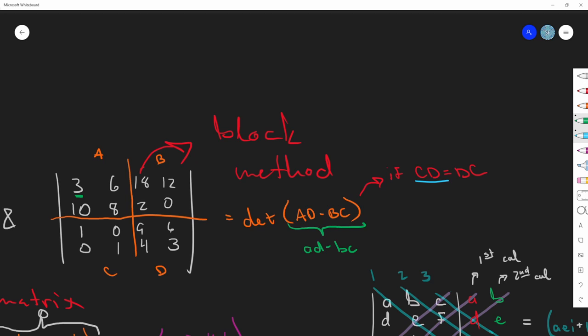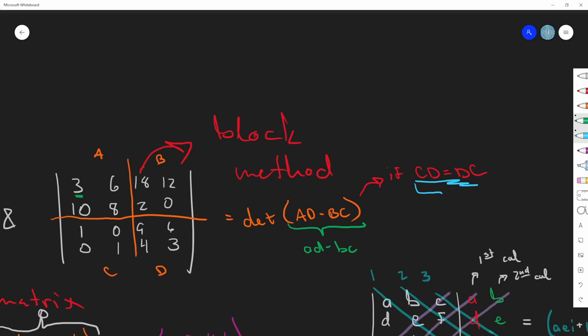Now, this portion is a big deal because if you recall from matrix multiplication, matrices are not commutative. So that means this condition is really hard to satisfy. But we did discuss a specific matrix where this is true.